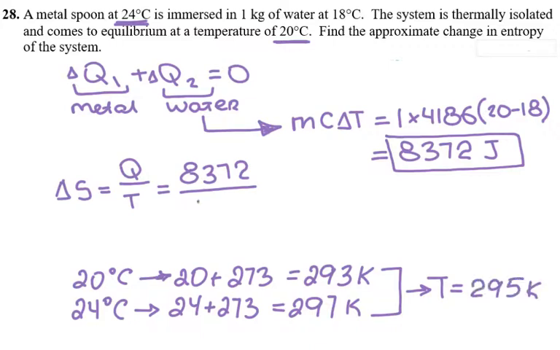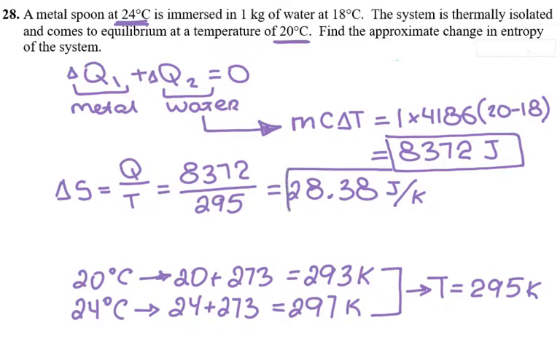So I'm going to divide by 295 Kelvin, and that will give me the entropy the spoon loses, which is 28.38 joules per Kelvin. And the same for the entropy gained by the water: it's the heat over the water's average temperature.